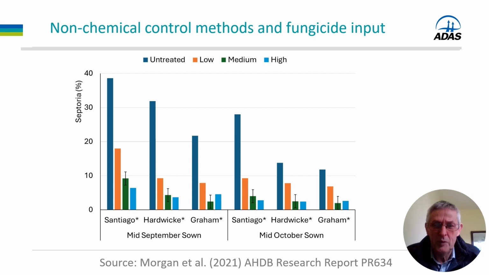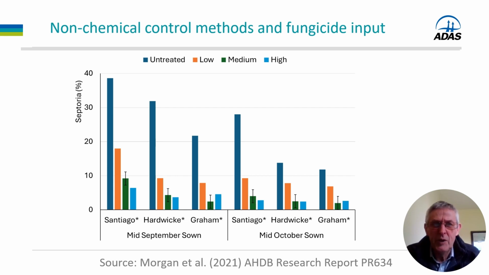So, for example, growing the more disease-resistant variety Graham with a low fungicide input, the orange bar on the far right, actually gives us a similar level of disease as if we'd grown a very disease-susceptible variety, Santiago, and applied a high-intensity fungicide program in light blue.